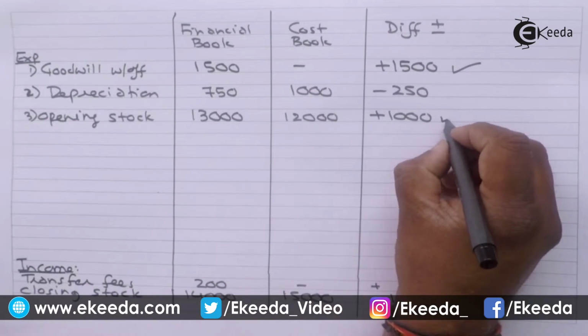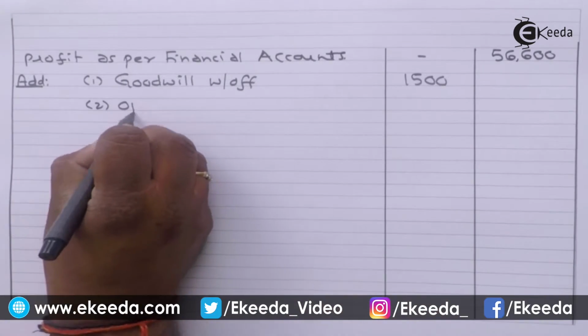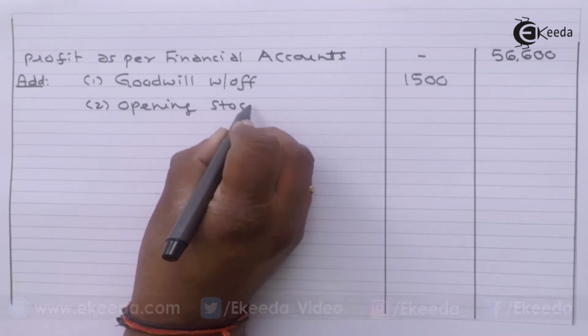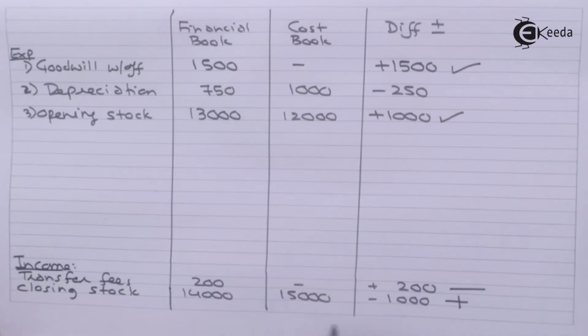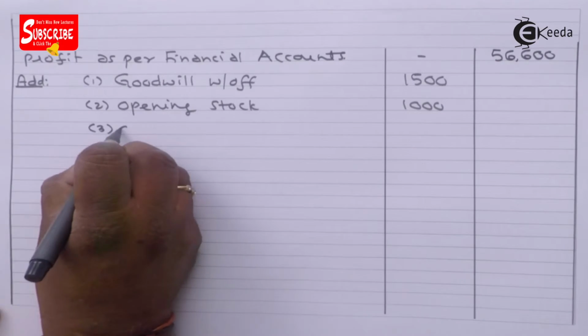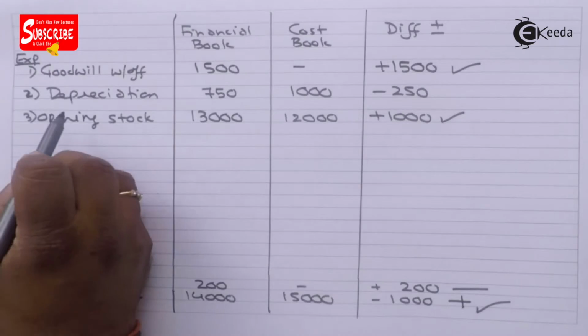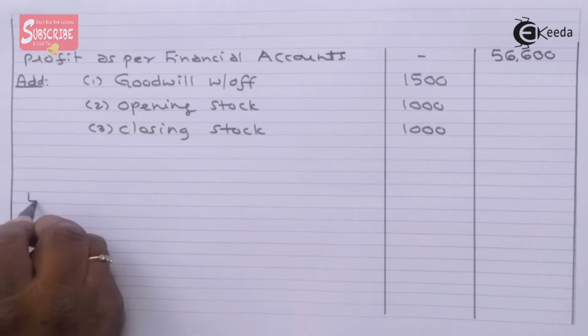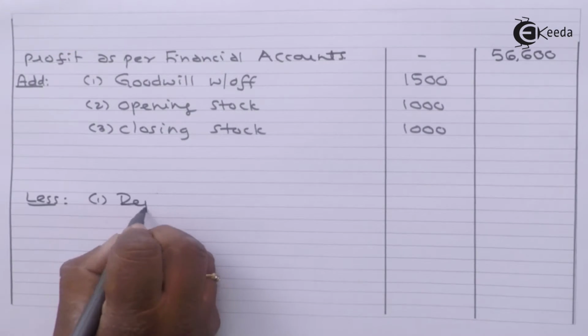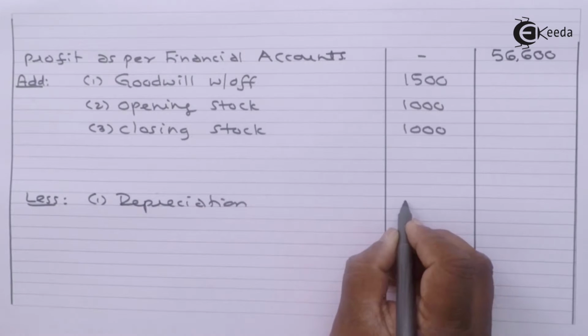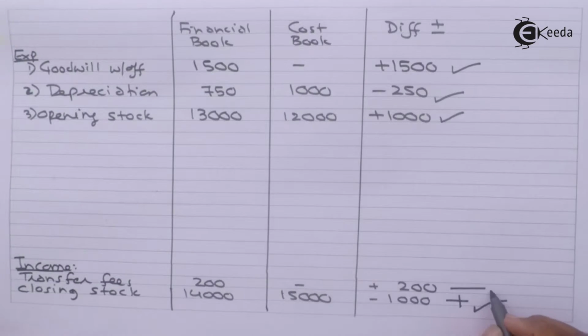Opening stock 1,000. Closing stock 1,000. We have to deduct depreciation 250. Transfer fees 200.